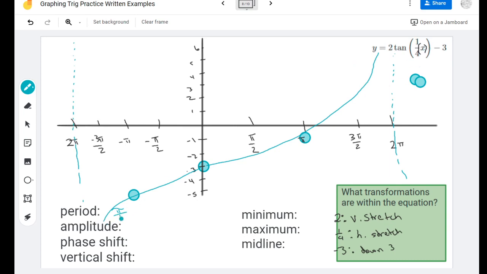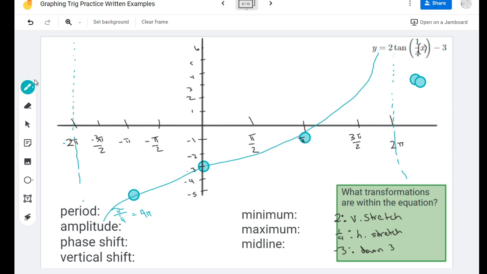So pi divided by 1/4 is 4 pi, because it took 4 pi to do one iteration of this. Some of it's in the negative area, but it's negative 2 pi here, right? So physical distance, there's 2 pi, and there's 2 pi. That's why the period is 4 pi.